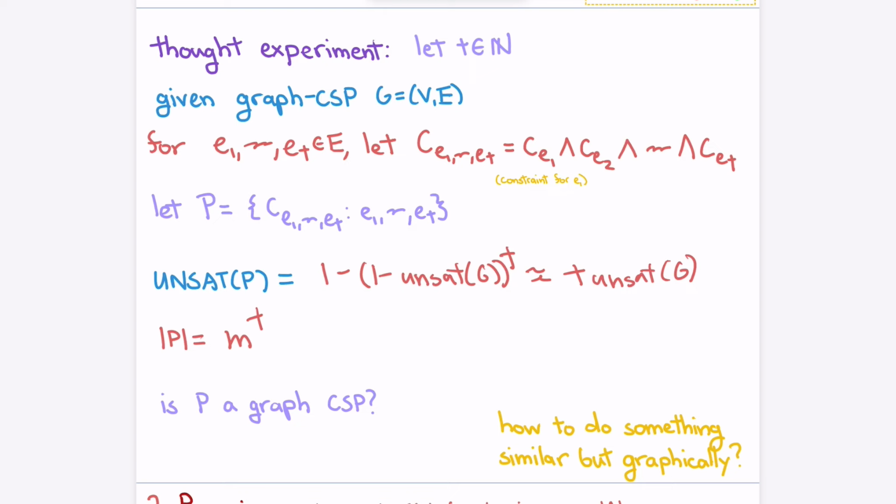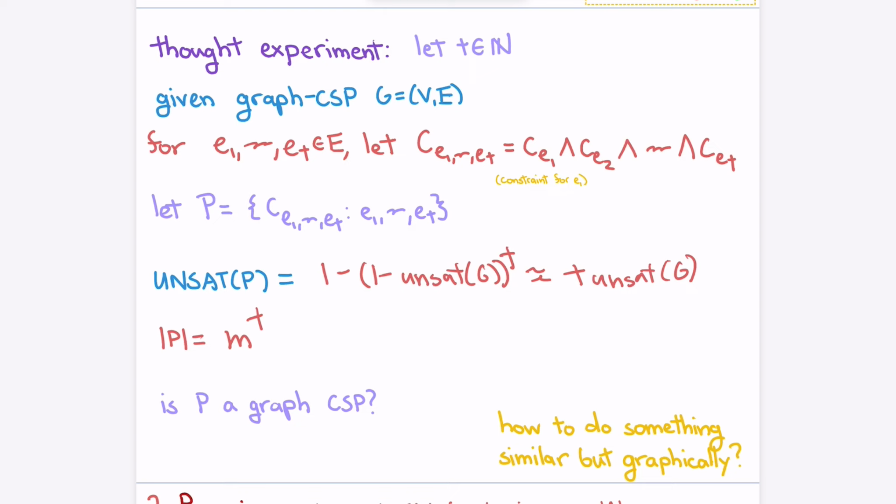I mean, not quite complete. Something like this. Or G's an expander, right? So random walks mix well, things like this. So think of G being an expander.